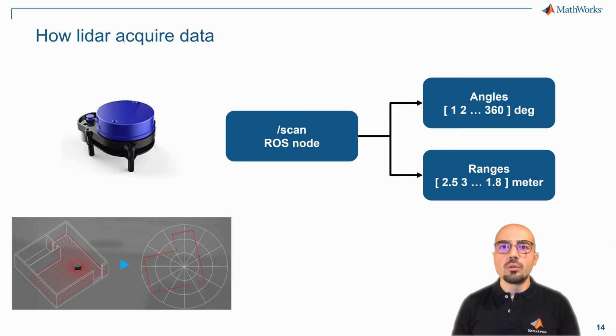In this slide, I want to recap a little bit what a lidar is. Lidar is a sensor that can acquire the distance from objects in the environment. In particular, the device contains a laser that can send a beam onto the walls and know exactly how long it takes to come back. So by knowing the exact speed of light, it can calculate the distance of the walls.